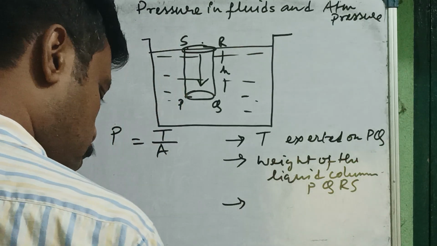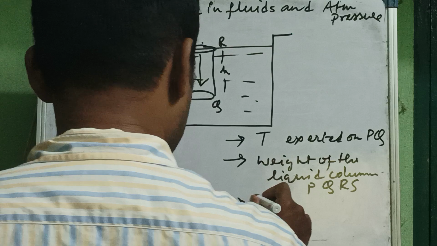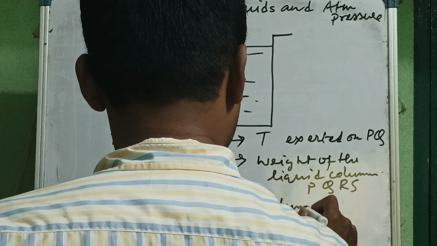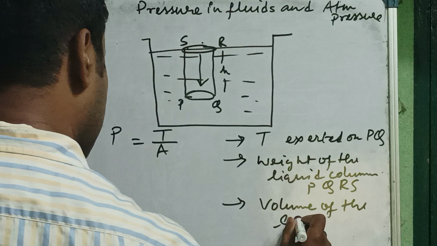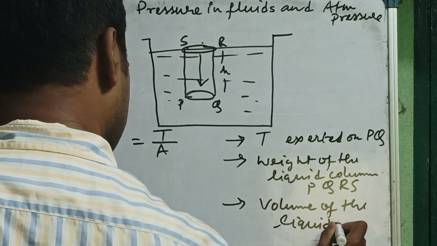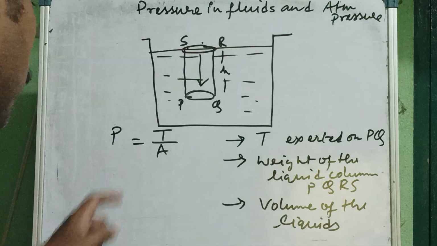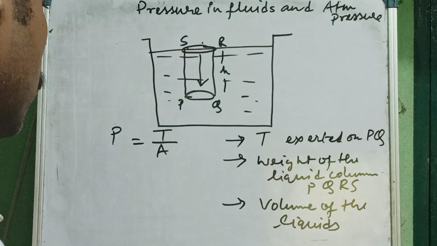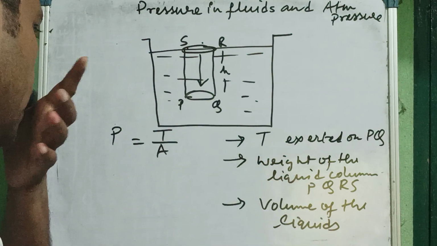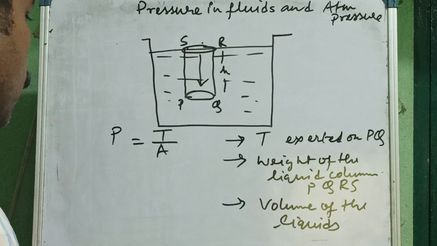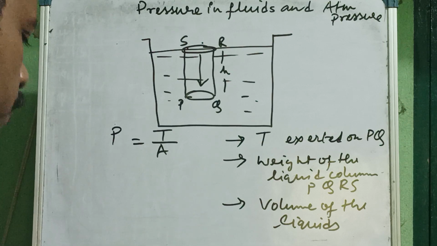Third key point is the volume of the liquid. So there are three key points: thrust exerted on the PQ surface, weight of the liquid column PQRS, and the volume of the liquid.